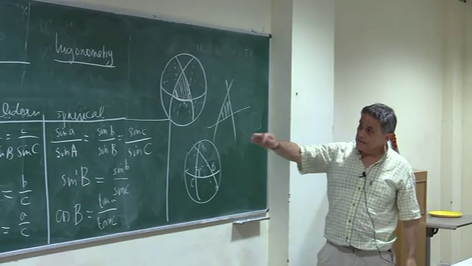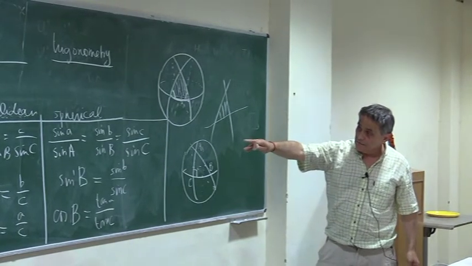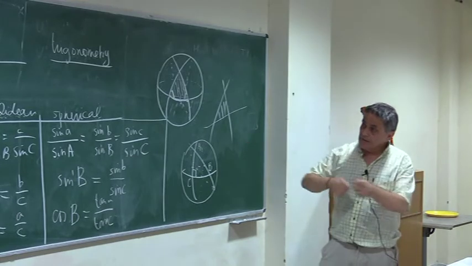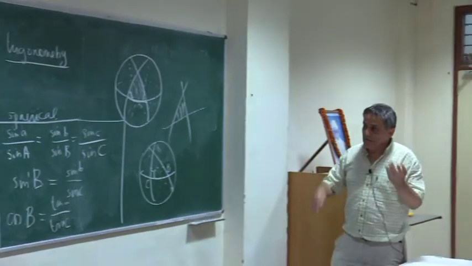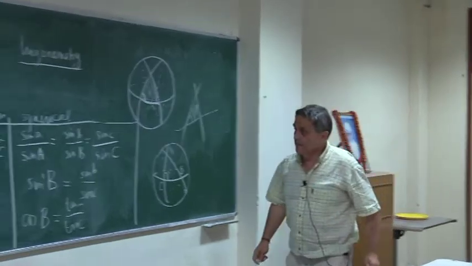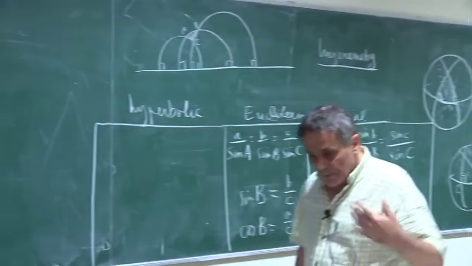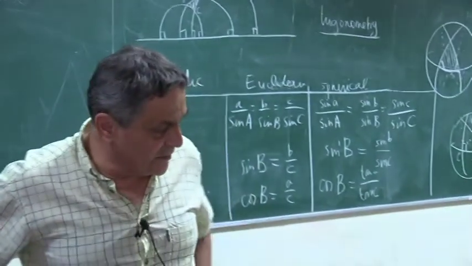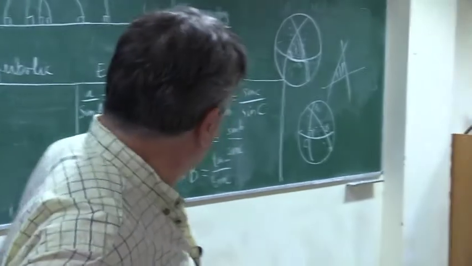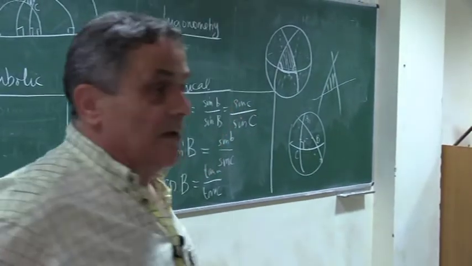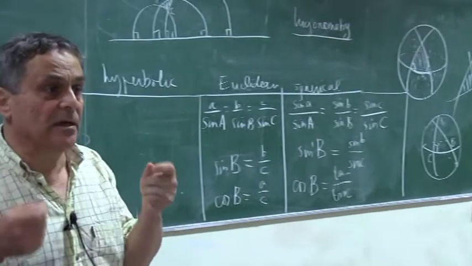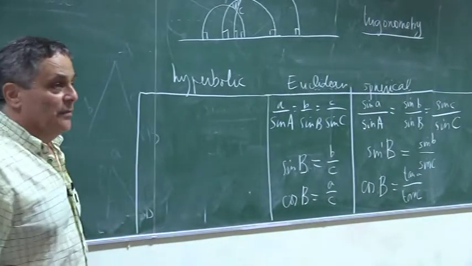He has pages and pages of formulas relating sides to angles. In fact, you have many possibilities, more possibilities than in the Euclidean case, since, as I told you, you have formulas giving the lengths of the sides in terms of the angles, which you don't have in Euclidean geometry.